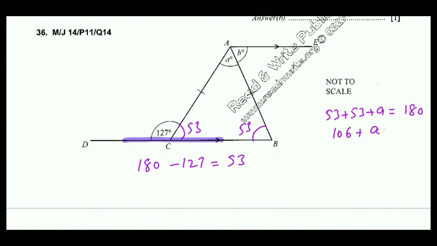106 plus A is equal to 180. A is equal to 180 minus 106. A is equal to 74. So now we can easily find B, because we can see a Z angle here.